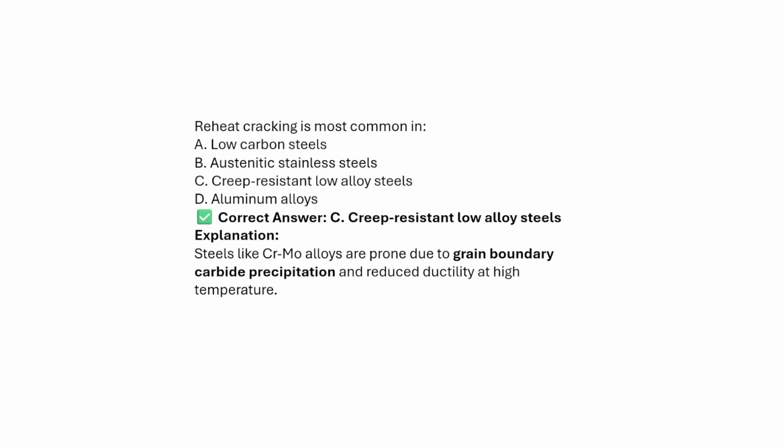Next, austenitic stainless steel: yes, here also some chromium is present, but compared to that, creep resistant low alloy steel is the most prone one because it has chromium, molybdenum, and so on. Those are most prone to grain boundary carbide precipitation that will reduce the ductility at higher temperatures. Aluminum, no, it will not form.